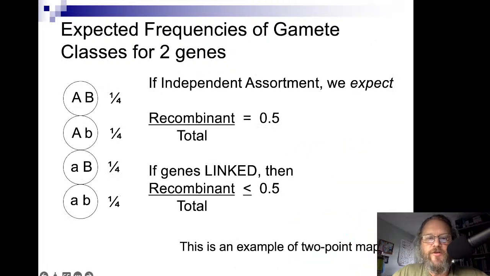Expected frequencies, if independent assortment, equal. Recombinant divided by total, so the maximum is going to be 0.5, because of course the total includes the parental and the recombinant. And if genes are linked, then the frequency will be substantially less than that 50%.